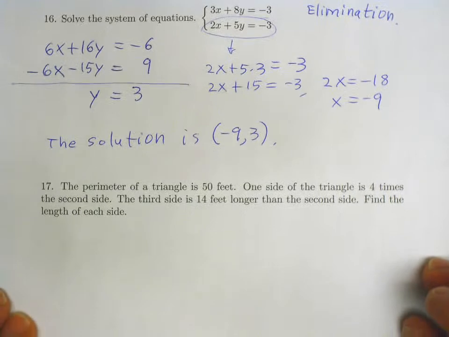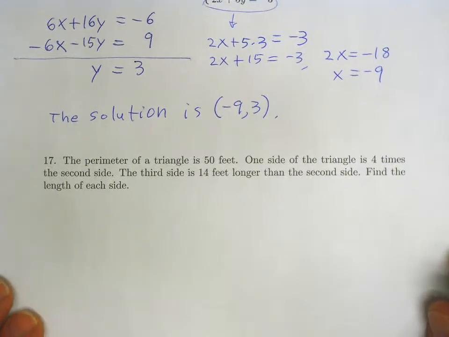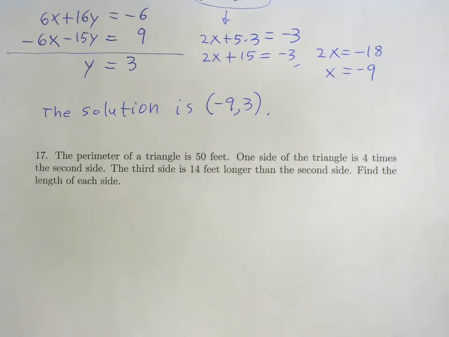Okay, number 17, the perimeter of a triangle is 50 feet. One side of the triangle is 4 times the second side. The third side is 14 feet longer than the second side. Find the length of each side.